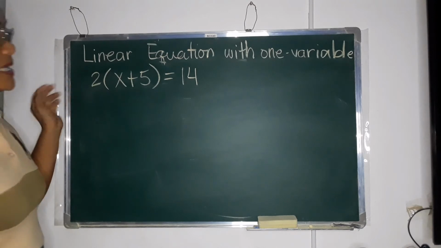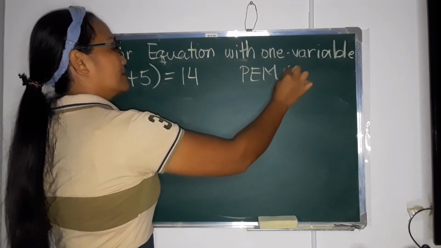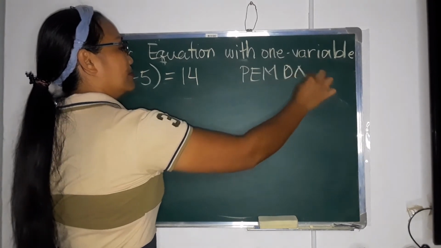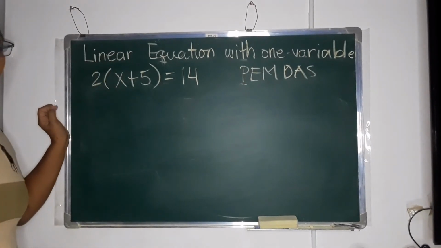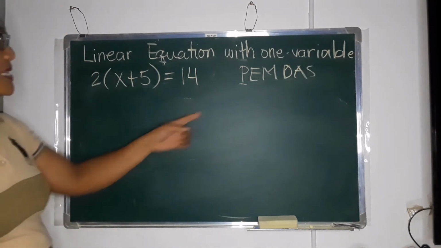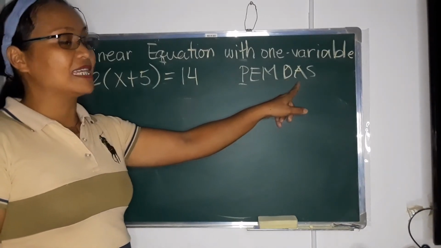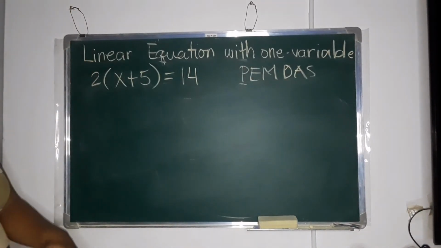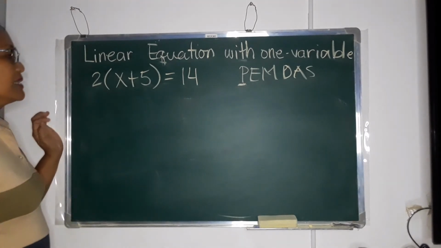So, PEMDAS means P stands for parentheses or grouping using brackets or braces, E for exponent, multiplication, division, addition, and subtraction. So in here, we will apply the P, which is the parentheses.